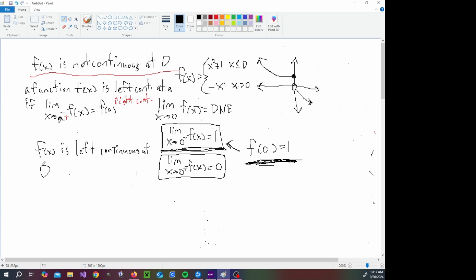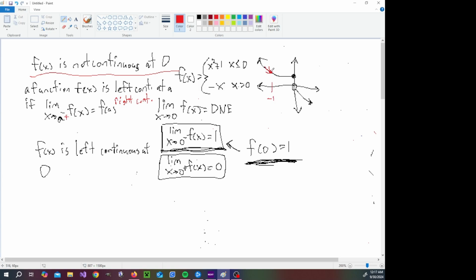So being left or right continuous is a little bit of a weaker condition than being full on continuous at that value. So can we say is f of x left continuous at something like -1? Well, sure, right?